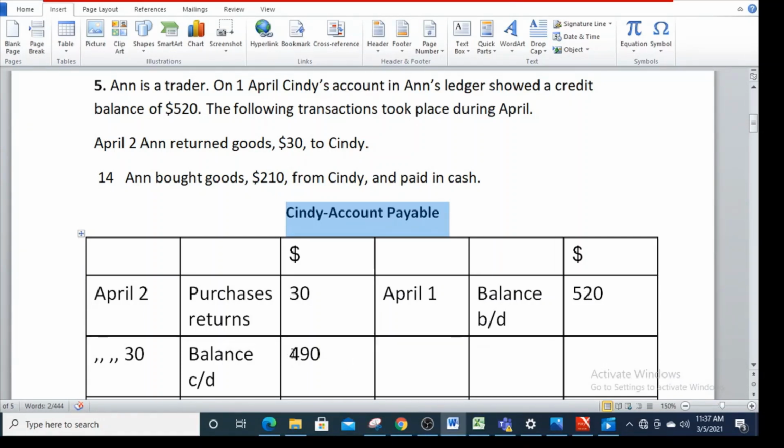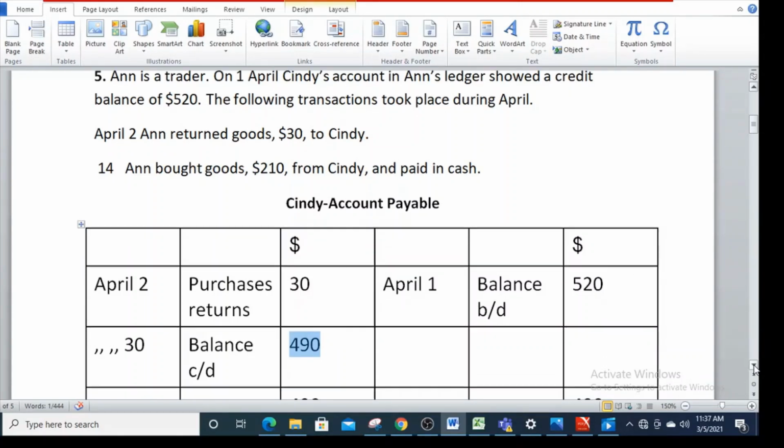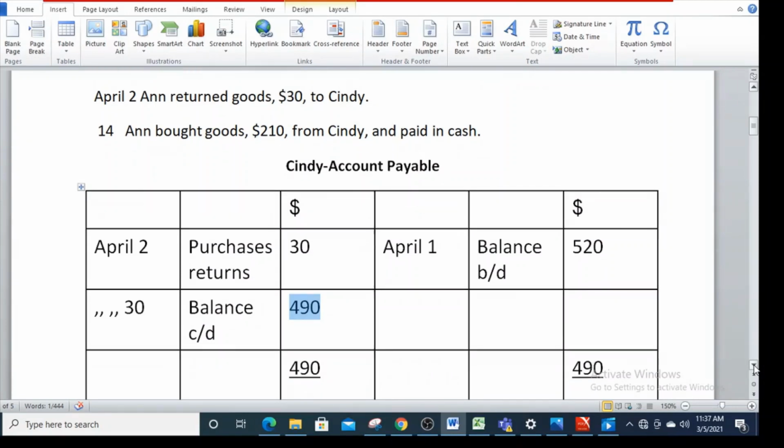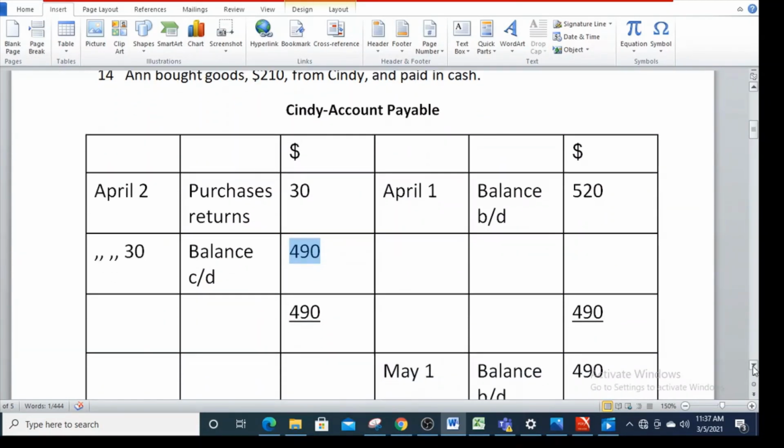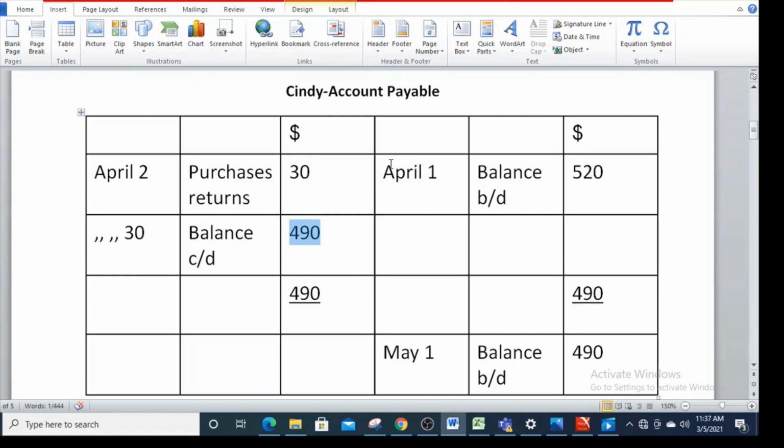So balancing figure is required on the debit side, which means that this account has credit balance. You know that we name the balance after the heavier side. So this account has credit balance of 490. Cindy account payable credit balance of 490 on May 1st. So it means that we owe Cindy 490.